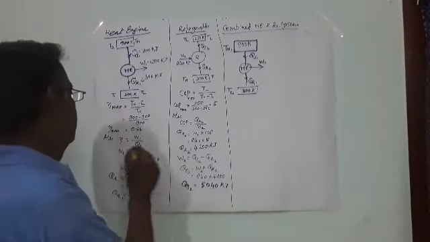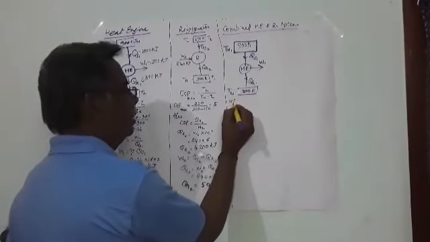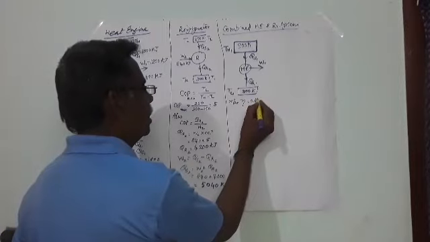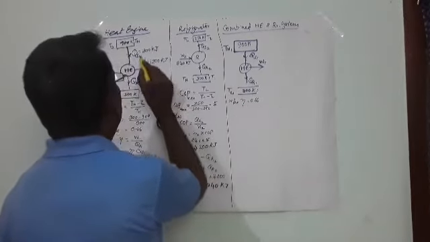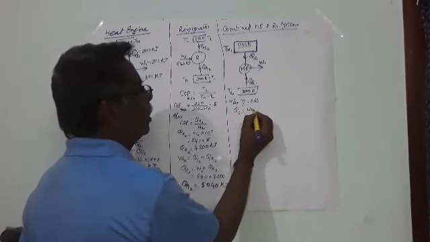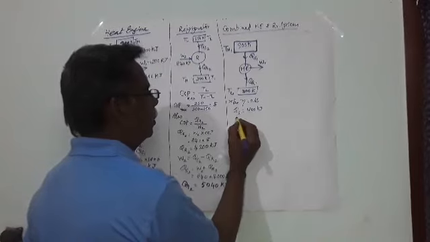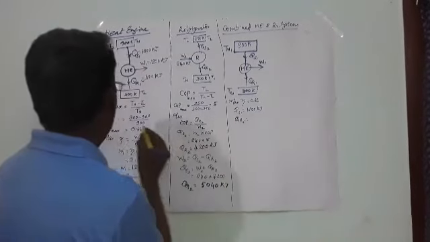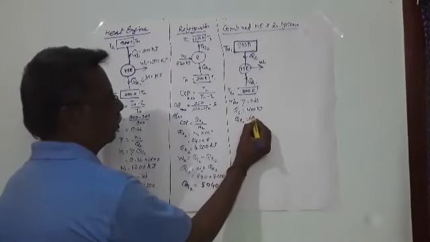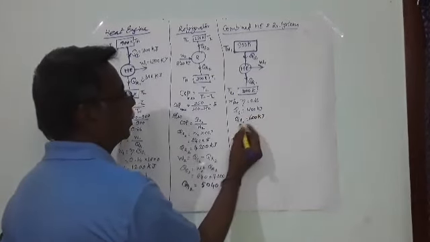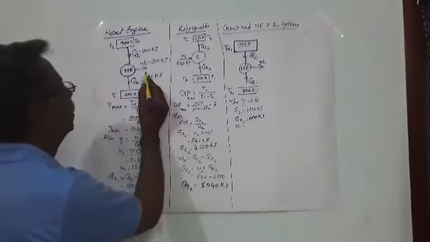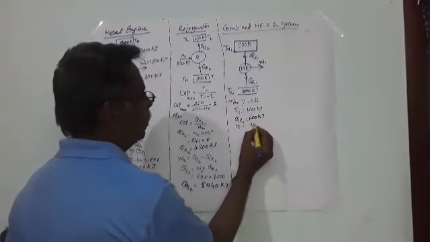So we have maximum efficiency as 0.66, heat supplied to the engine QS1 is equal to 1800 kilojoules, QR1 is equal to 600 kilojoules, and W1 is equal to 1200 kilojoules.